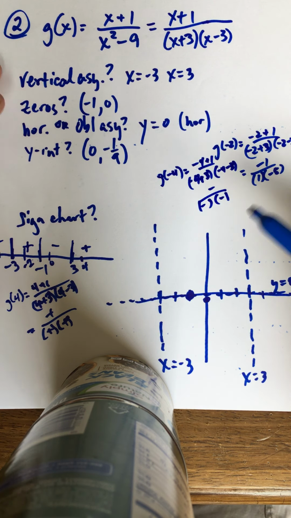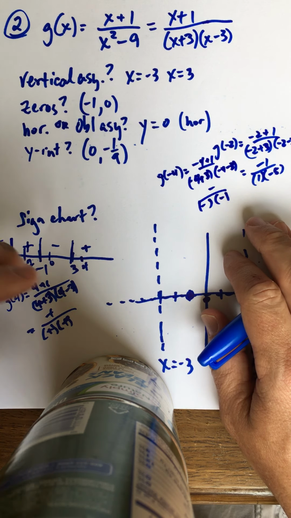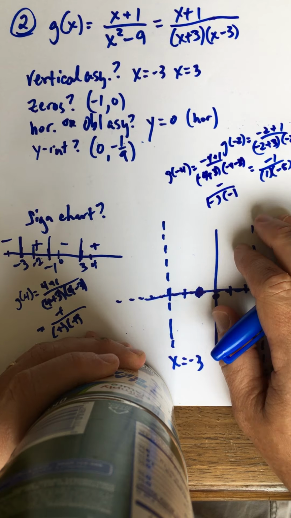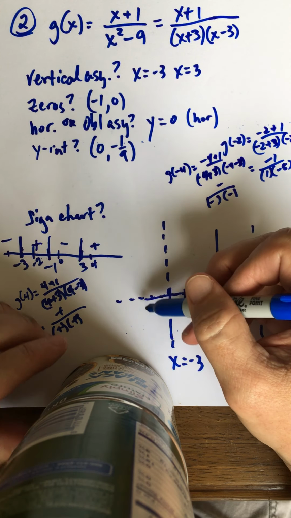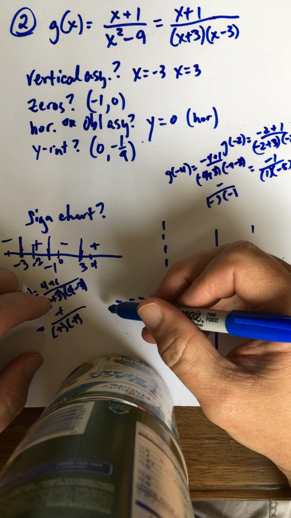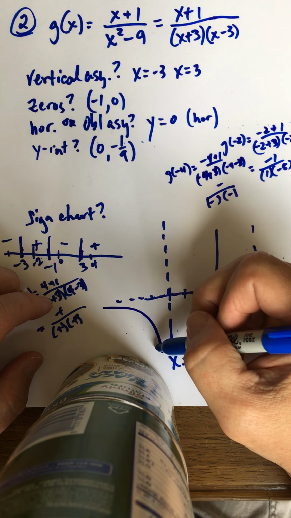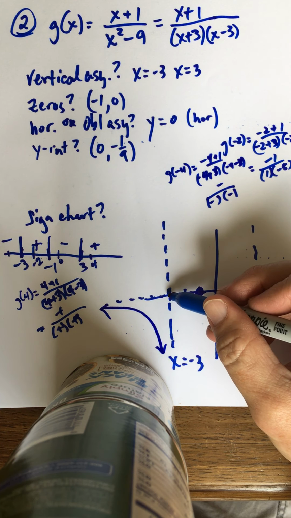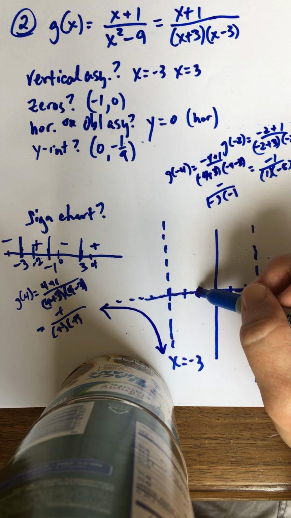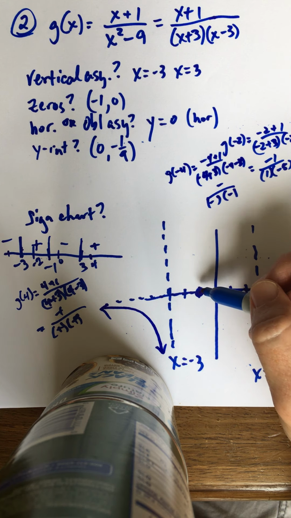So here's how to read those sign charts. We said, according to that sign chart, anything to the left of -3 is below the axis. Down here it's going to be below the axis. It's got to hug that asymptote and that asymptote. It's going to look like that. Between -3 and -1, I know that's a 0, which means the graph's got to go through that point.